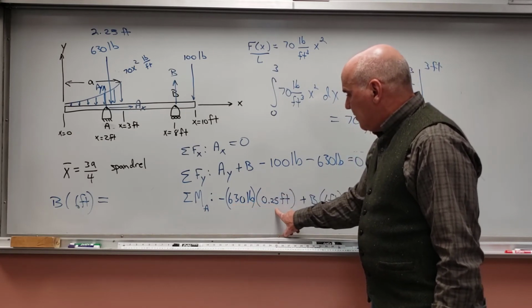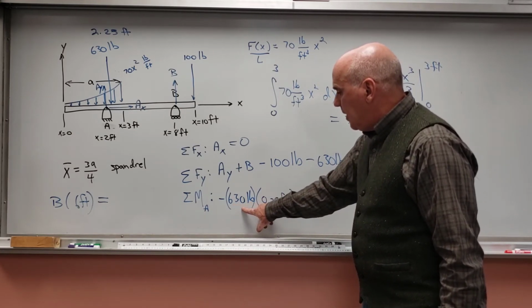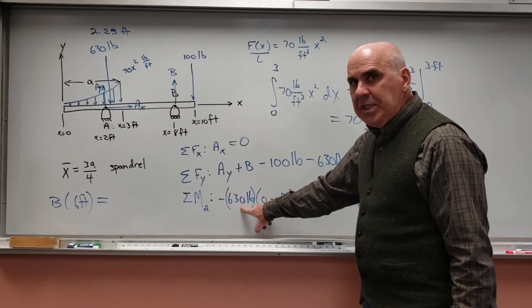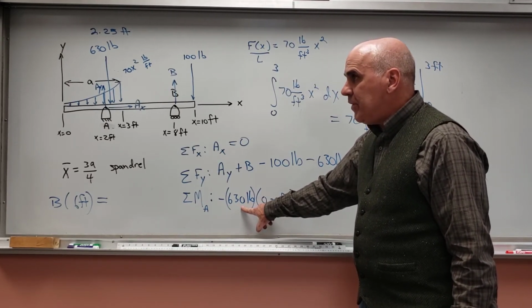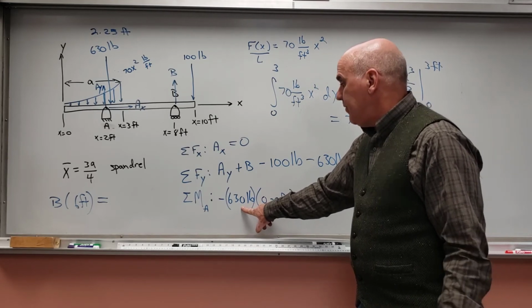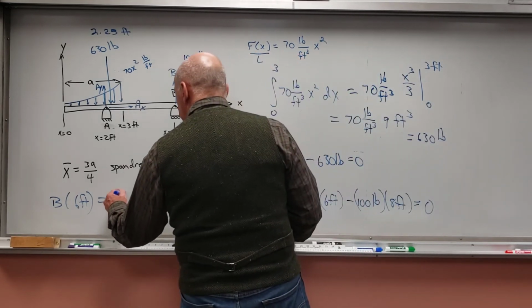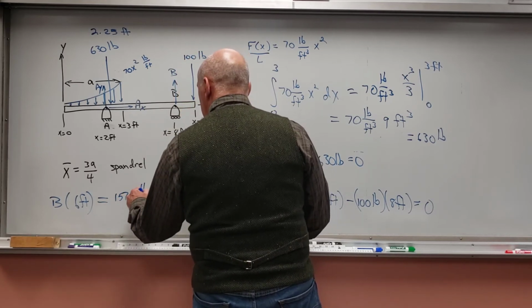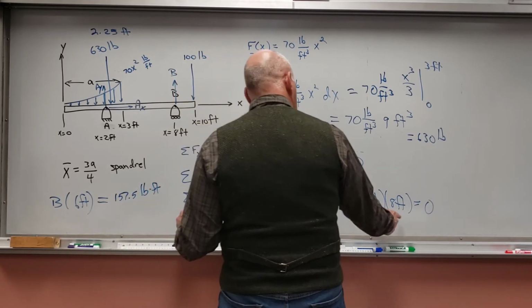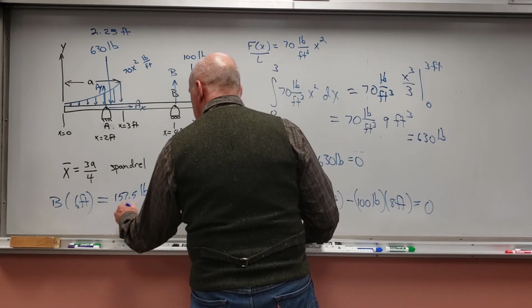630. This is a fourth, so half of 630 is 315. And then half of 315 is 150 plus 7.5. So 157.5. And that's pound-feet. And then over here I've got 800 pound-feet.